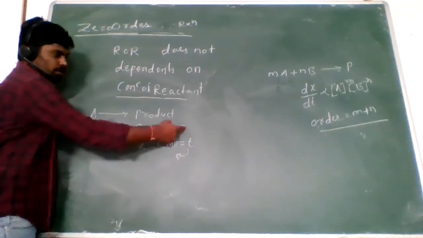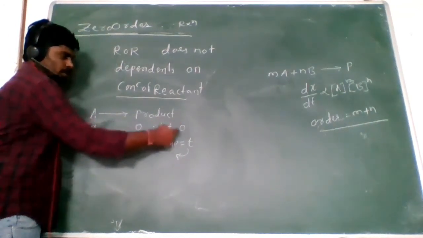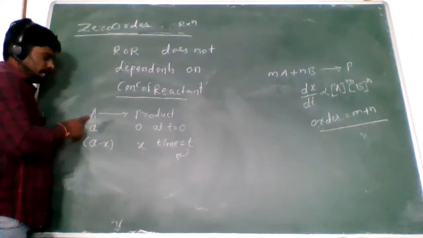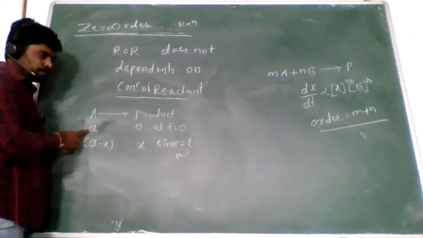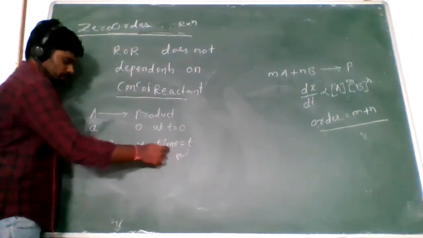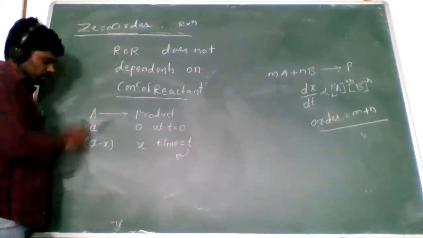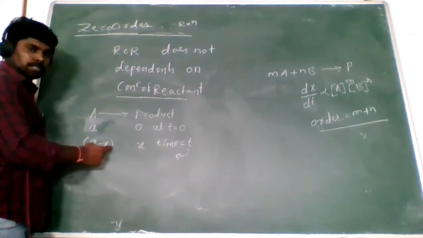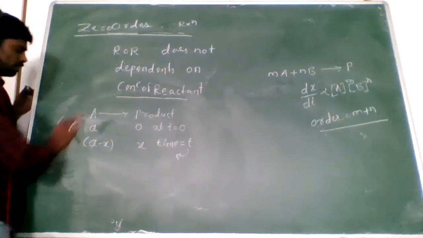At time t equal to 0, the concentration of reactant A is a. After t time, the concentration of A is a minus x. Look at here.